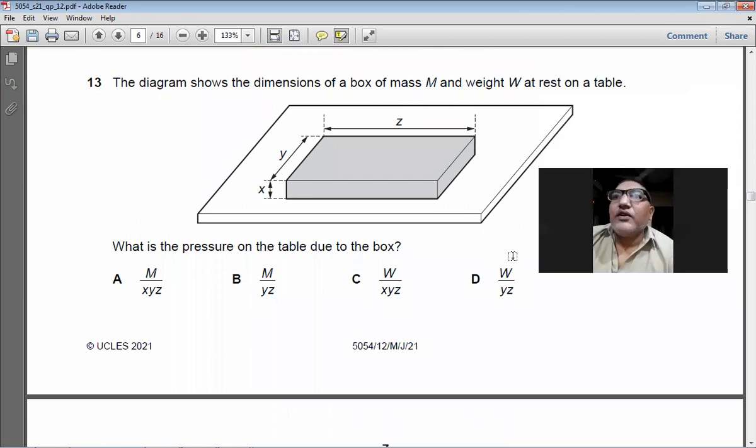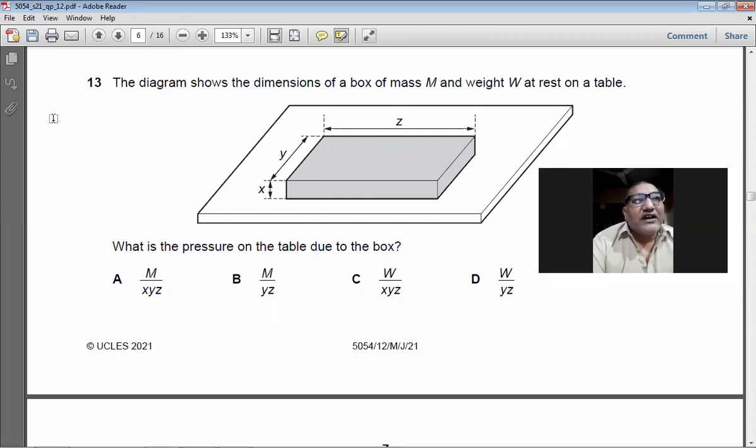Okay, so here we go. The diagram shows the dimensions of a box of mass M and weight W at rest on a table. What is the pressure on the table due to the box? The pressure will be the weight of the box divided by the contact area of the box with the table.